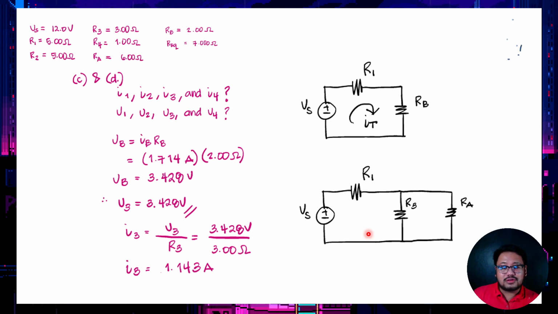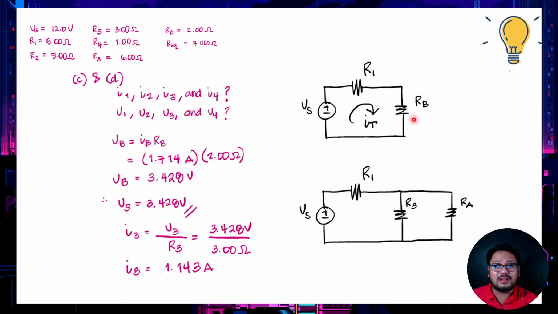3.428 volts. Since we got the VB already, the voltage across our RB, we could break this RB into R3 and RA. And mind you, R3 and RA are in parallel with each other. Meaning, if we break down RB, the voltage across R3 and RA will still be equal to VB.